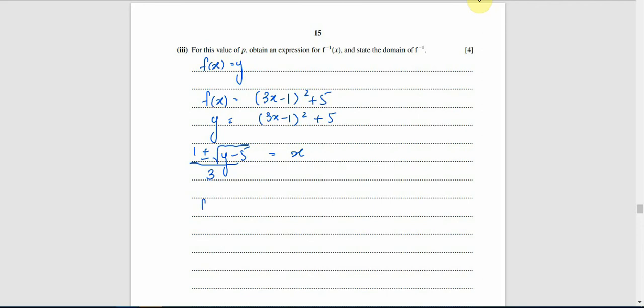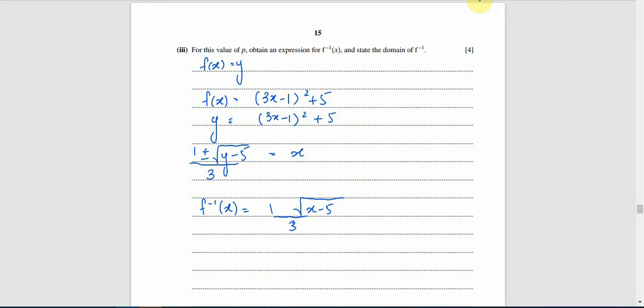So this will become f inverse x is equal to 1 plus or minus under root x minus 5, upon 3. Now as you may notice here, I've left the space blank. That's because you have to determine whether this is going to be a plus or a minus. So how are you going to find that?